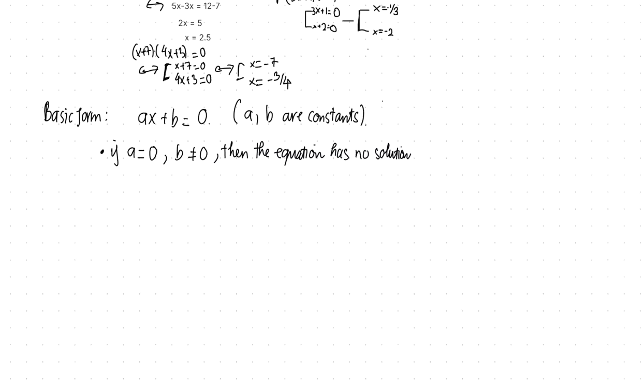And if A is 0 and B is also 0, then the equation has infinitely many solutions.